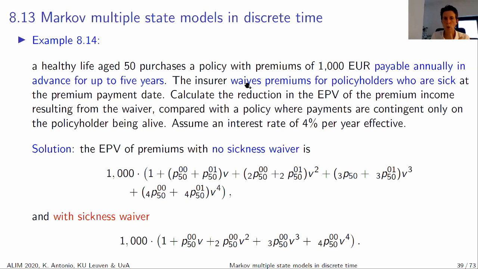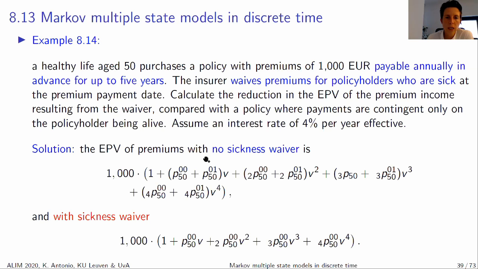The insurer is going to waive the premium for policyholders who are sick at the premium payment date. And we want to calculate what is the reduction in the EPV of the premium income that results from allocating this waiver. Yeah. Compared with a policy where payments are contingent only on the policyholder being alive.